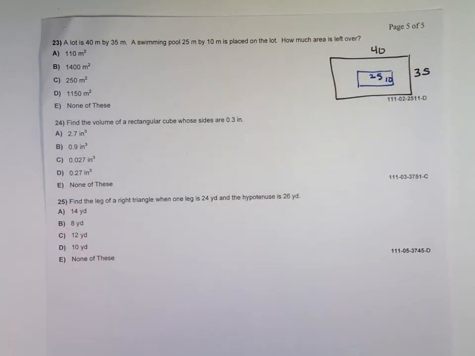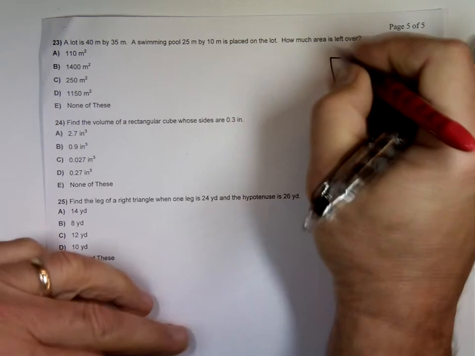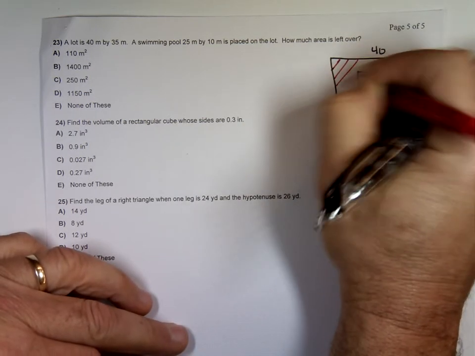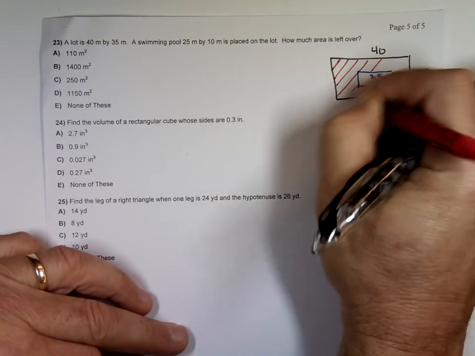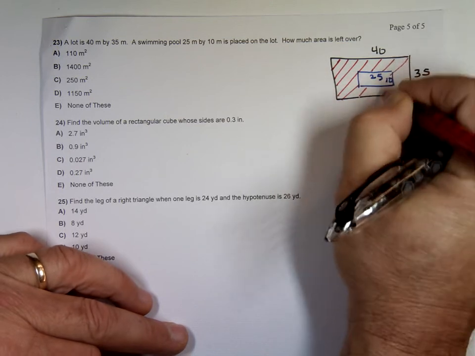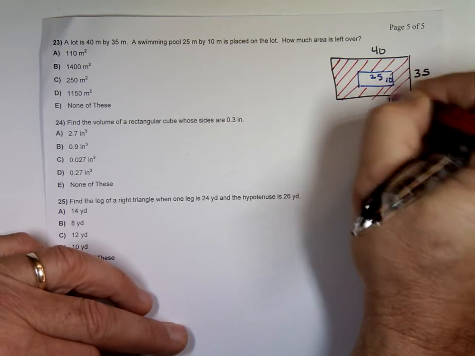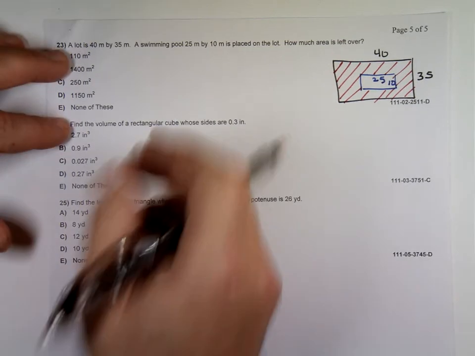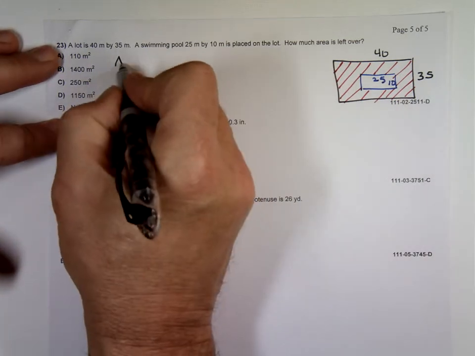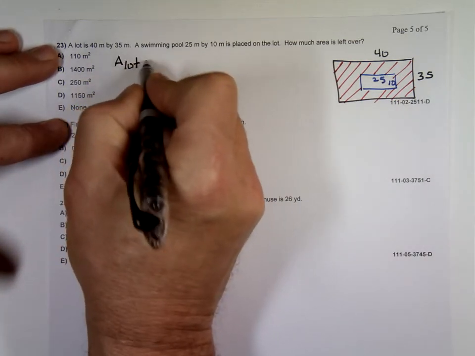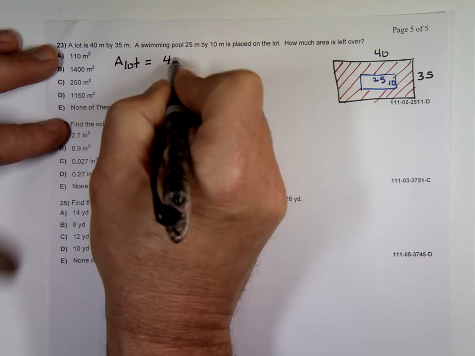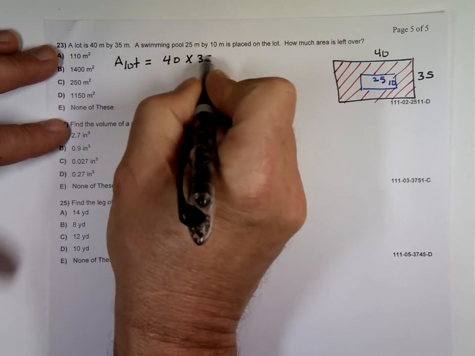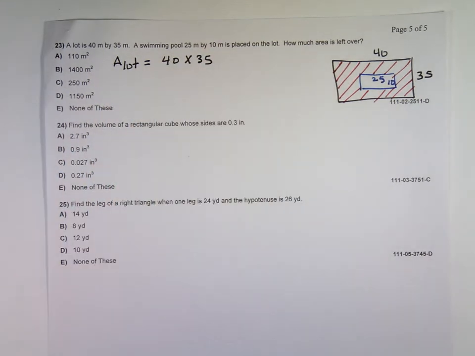We're looking for that area. What's that area? Well, let's begin with the lot that you have there. What's the area of that lot? Wasn't it 40 times 35, before you dug the hole in it for the pool? What's 40 times 35? 1,400.